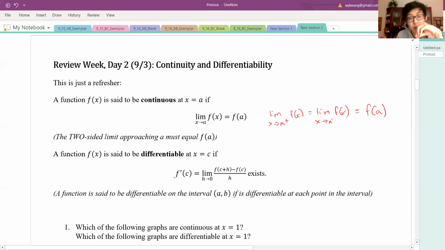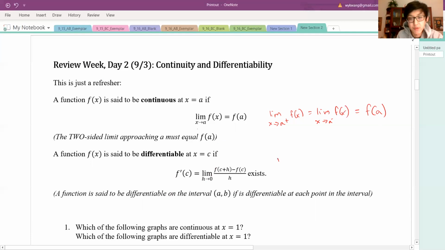But the whole idea of differentiability is, remember, the same idea. So this is the limit definition of a derivative, right? So again, limit as h approaches 0. This is a two-sided limit, right?